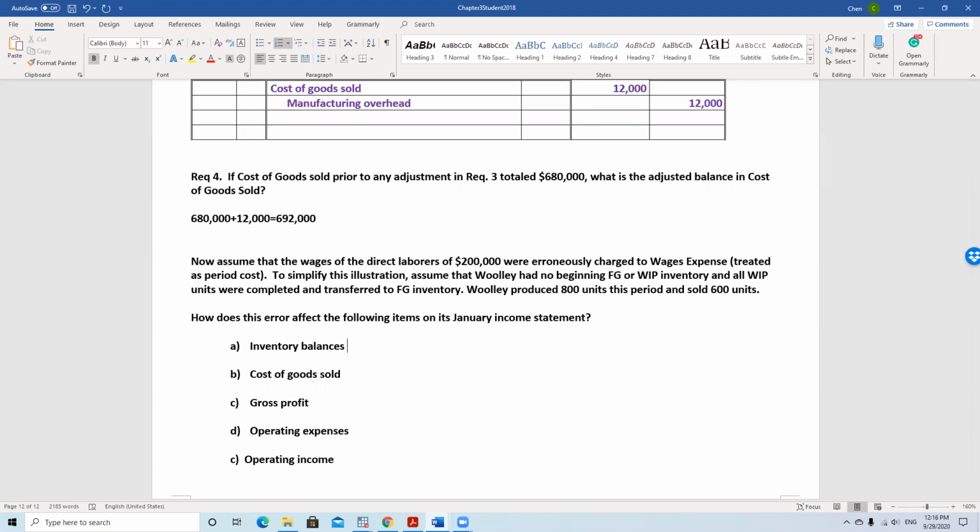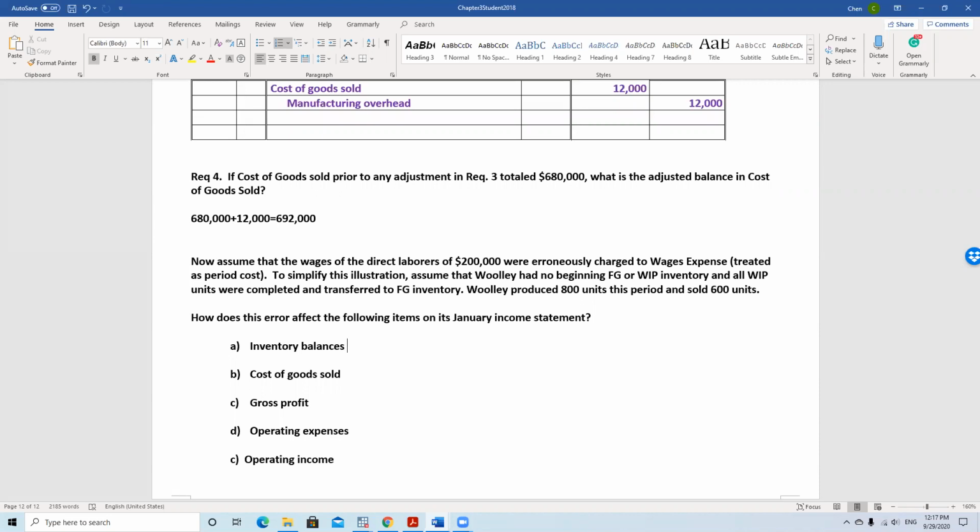So first you need to understand what is happening here. Direct labor costs were erroneously charged to wages expense and treated as a period cost. So what is happening to your production cost? Is it decrease or increase?